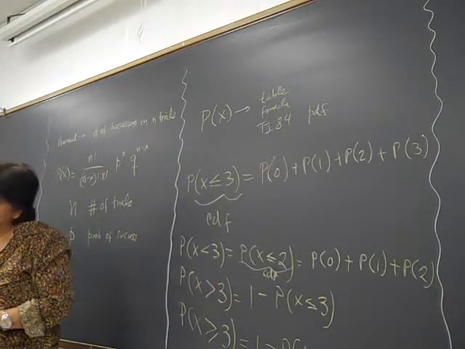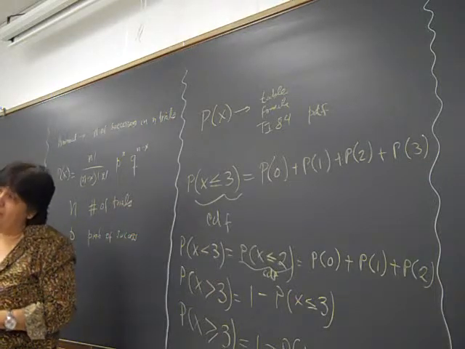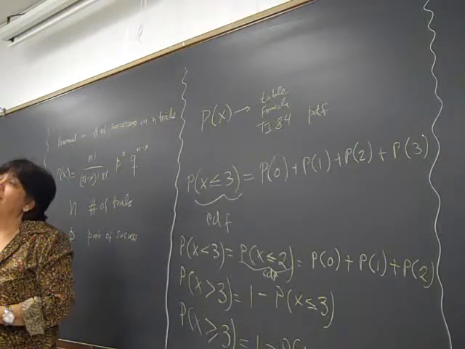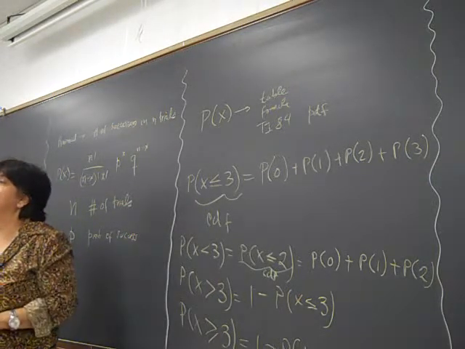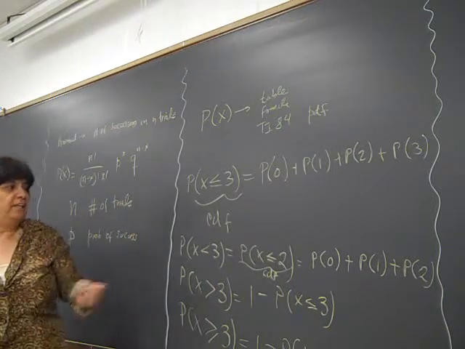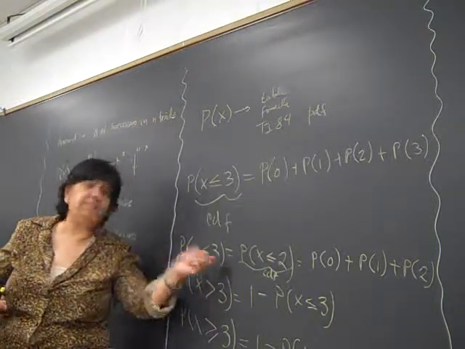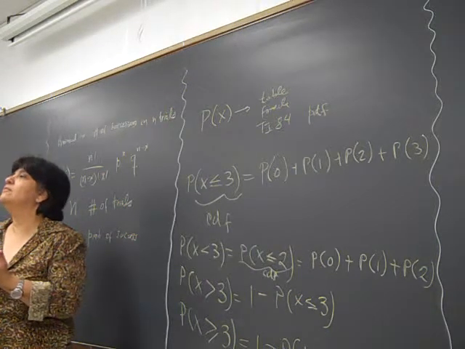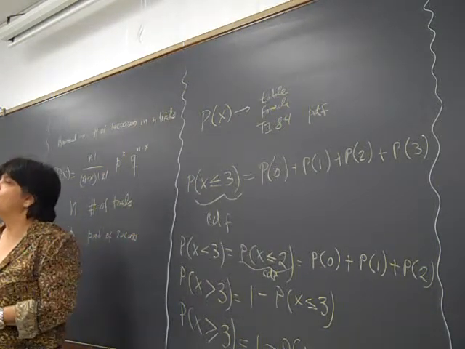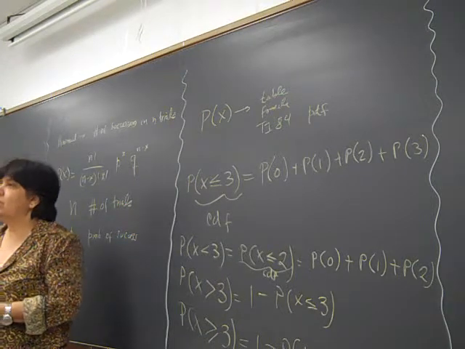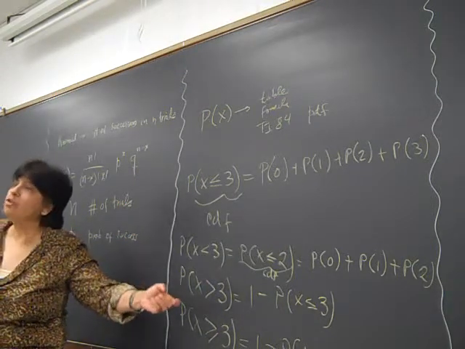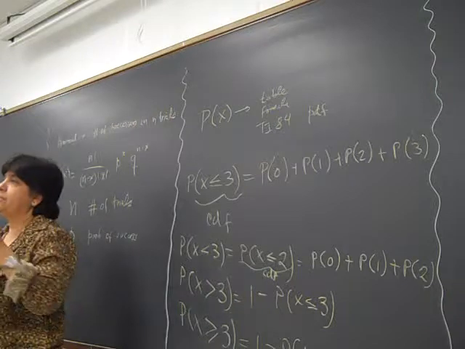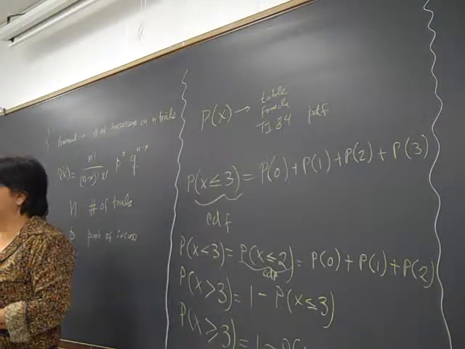So if it says equal to, that's when you include 3. Right. But if it's just less than, it's not included. It's not included, exactly. If I say, what is the probability that x is less than 3? The probability that x is less than or equal to 2. Exactly. You see? Okay. And this also applies to the Poisson distribution that we're going to cover today.